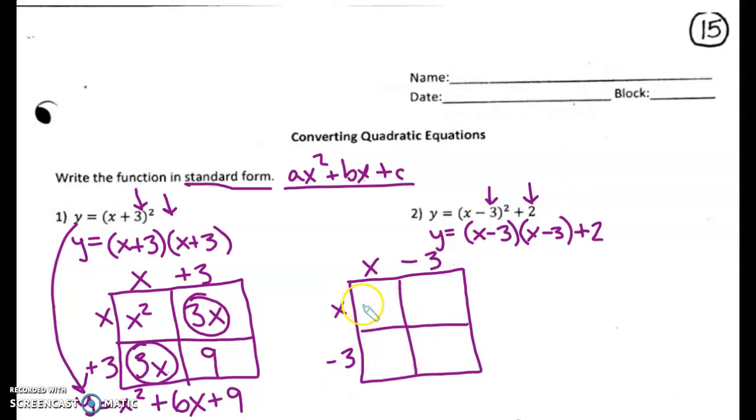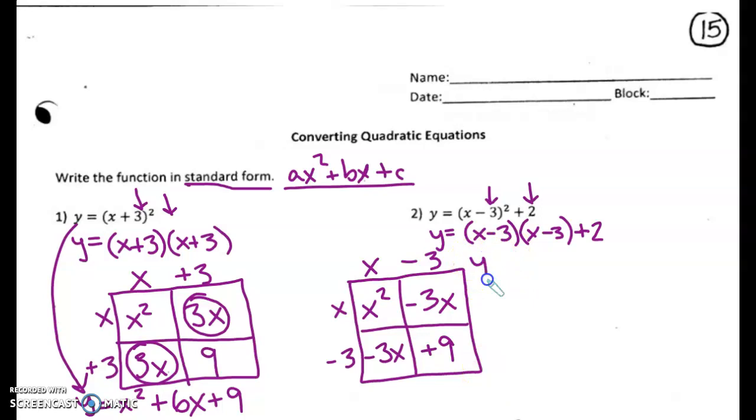Okay, so I got x times x, which is x squared. X times negative 3 is a negative 3x. Negative 3 times x is negative 3x, again. Negative 3 times negative 3 is a positive 9.